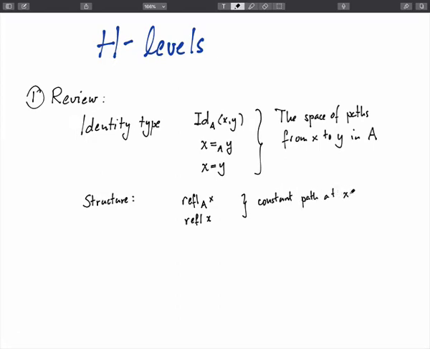So maybe it doesn't hurt to emphasize once again that it's okay for you to think of concrete spaces, and when I say path, you really think of a continuous map from the closed interval to the space. Although at some level this is misleading, because these paths could be more abstract than that.